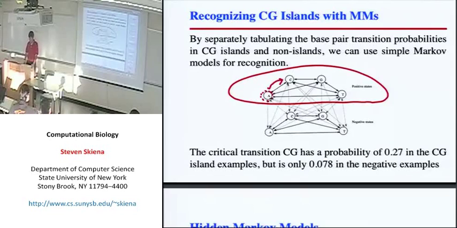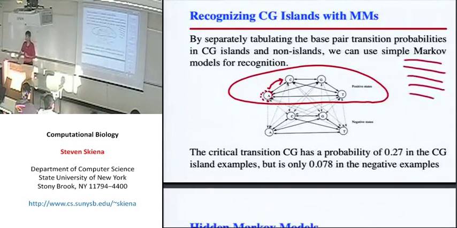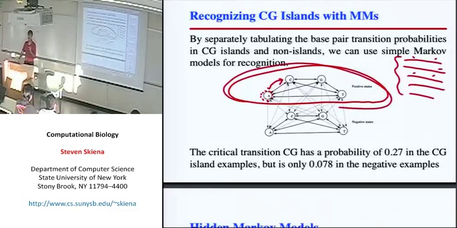You could imagine a world where I gave you a bunch of things that are CG islands. How might I use these positive examples to determine the probabilities in this simple model? This model has 4 states in it. How many edges does it have?